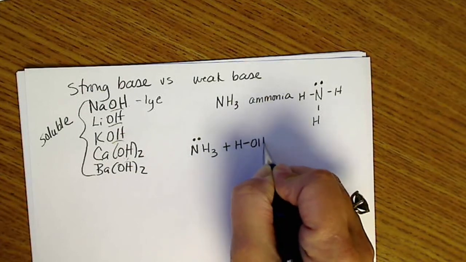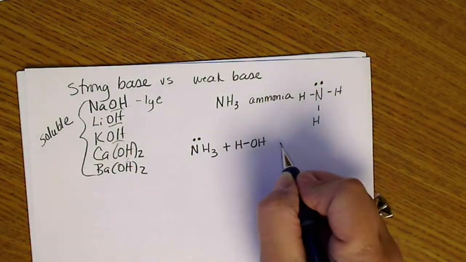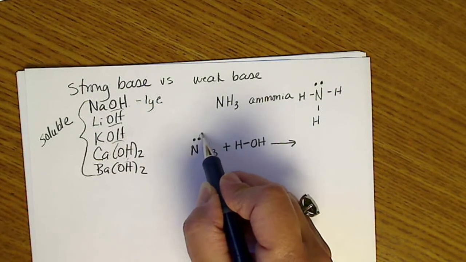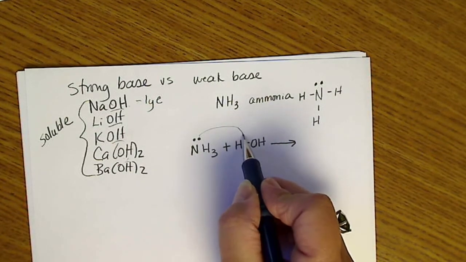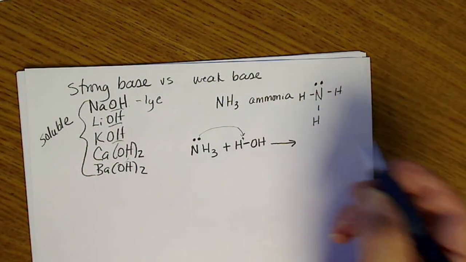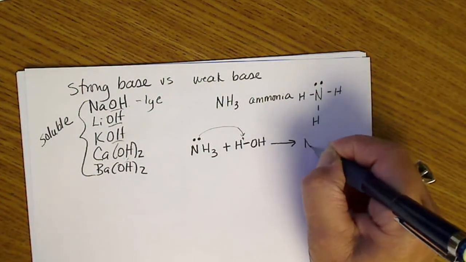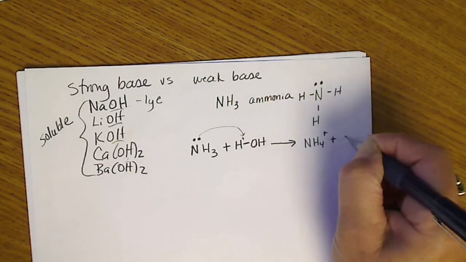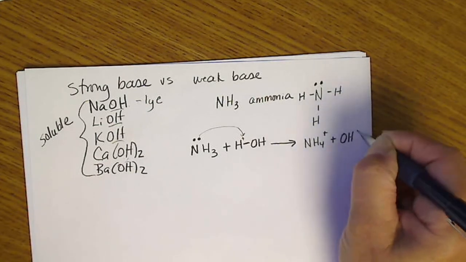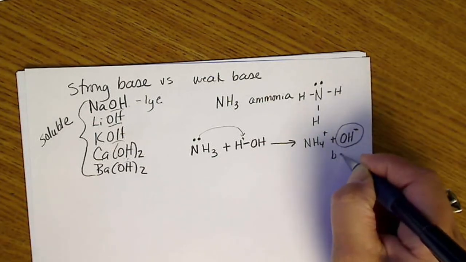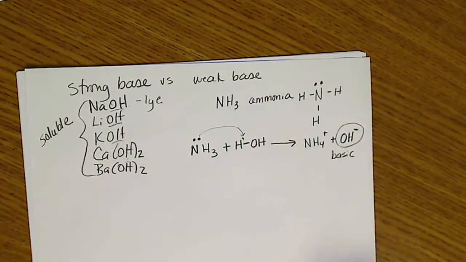I'm going to write water as HOH, and then this lone pair is going to actually pull off this H+. So we'll end up with the ammonium ion, NH4+, and that will leave behind OH minus. This is what makes a solution basic.